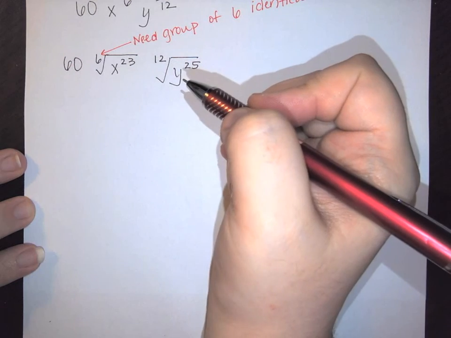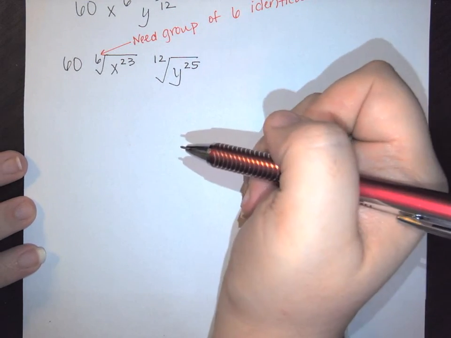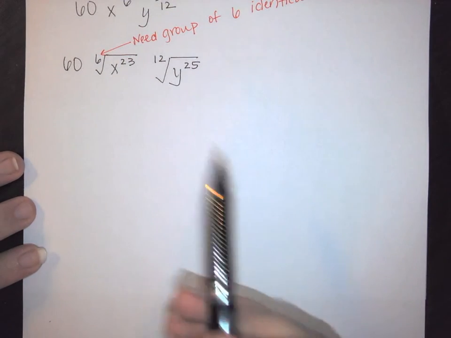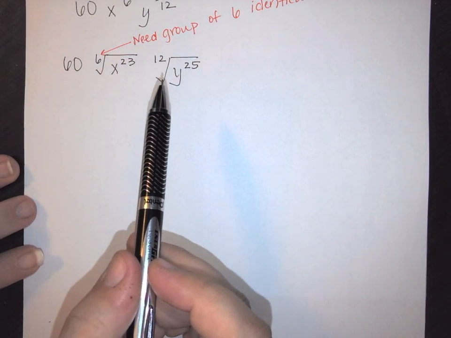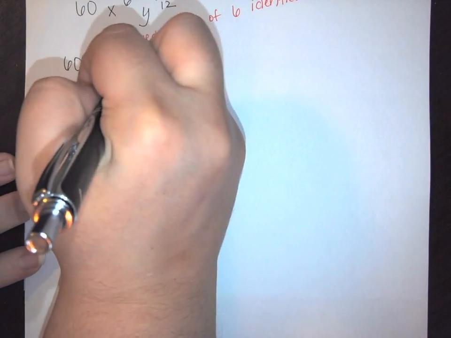The 12 says the same thing, only instead of 6 you would need 12 identical numbers or terms. So one of the ways that you can do this easily is we can kind of create like a factor tree.